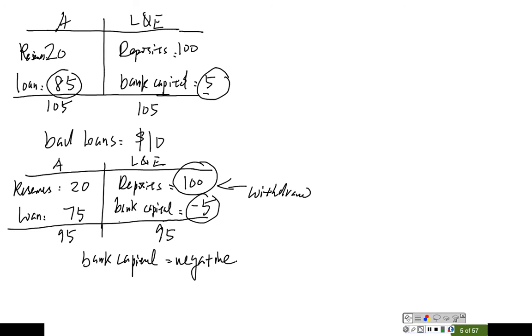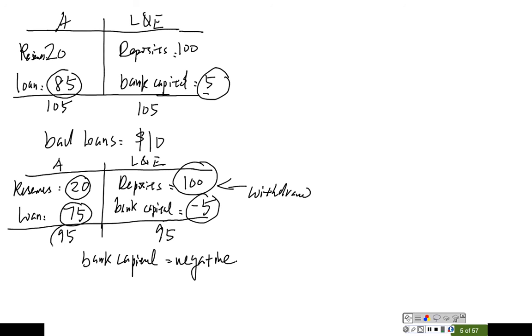Does the bank have enough to meet the $100 withdrawal? If the bank liquidates the loans, which means calling back the loans, it can receive $75, plus the $20 reserve.